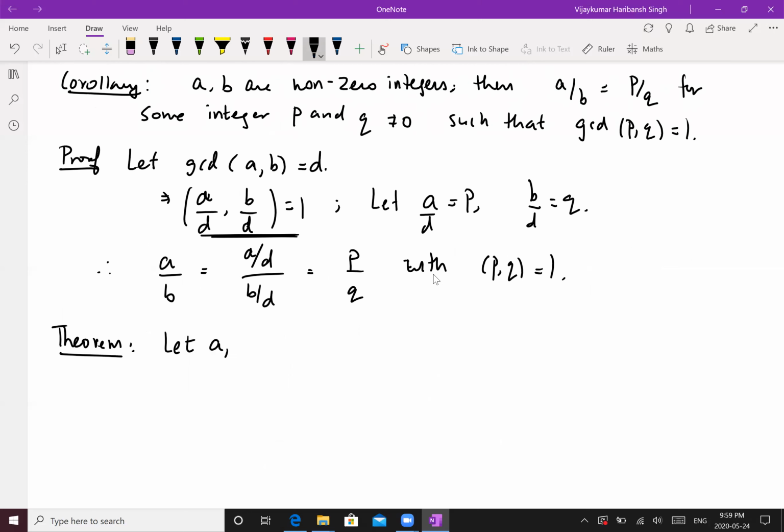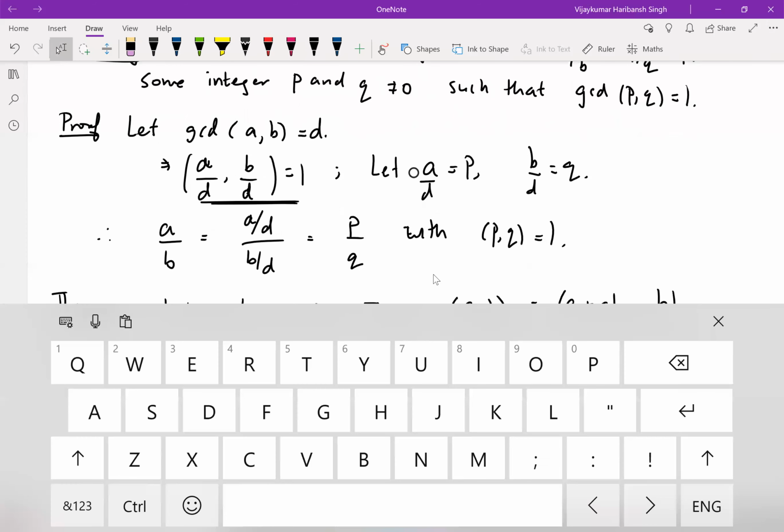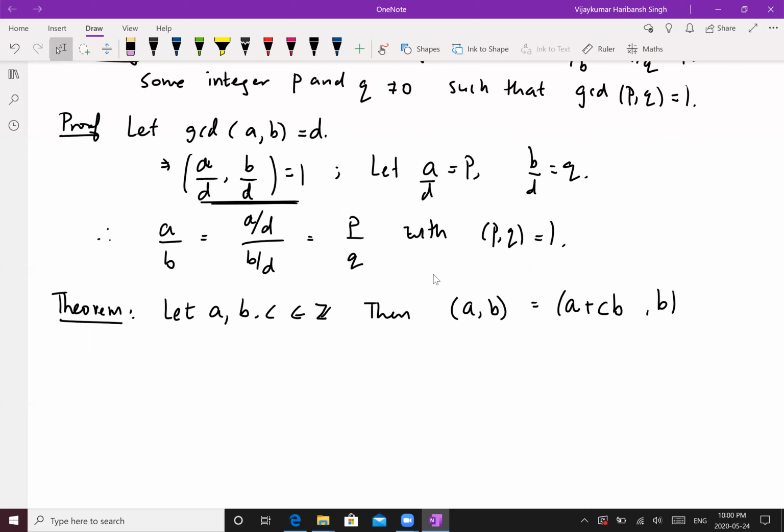Let A, B, and C belong to Z, then GCD of A, B is the same as GCD of A plus CB, B. So how do we prove it? We can prove it the following way. We want to prove that these two are equal.